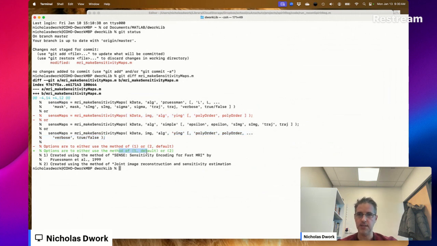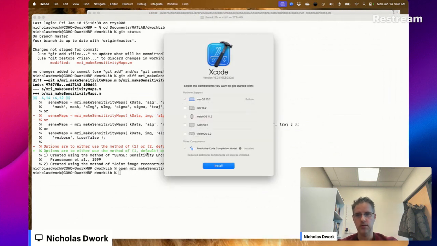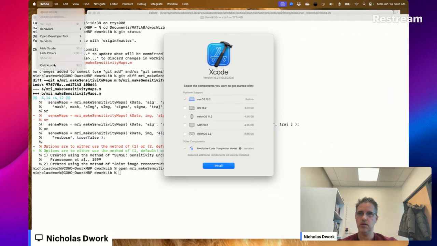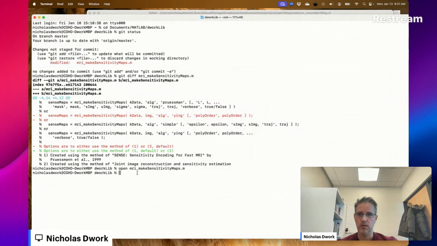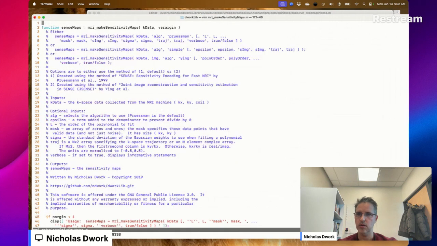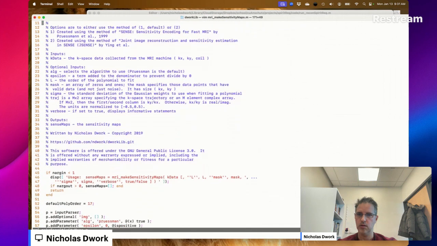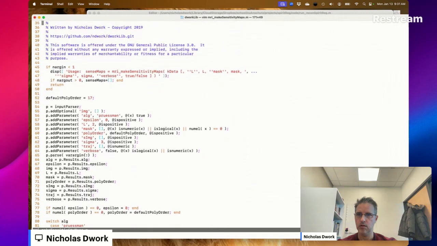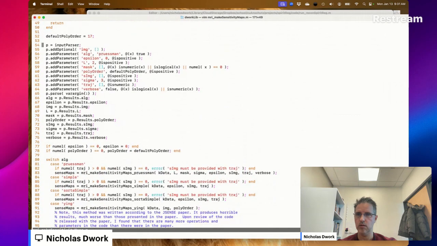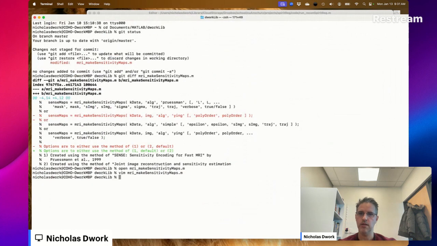And the default is to use 1, I think. Let's make sure. Oh, shoot. No. Yep, the default algorithm is Prusman's algorithm, so that's good.